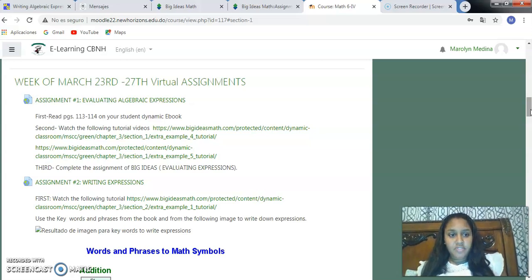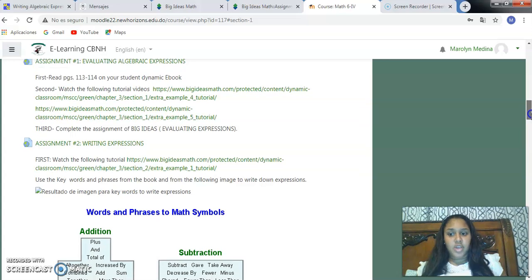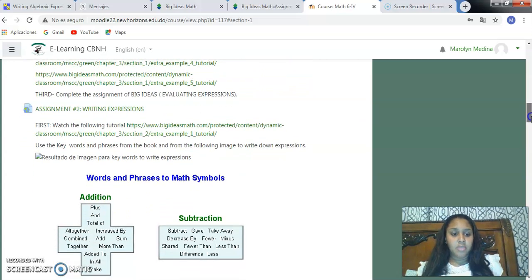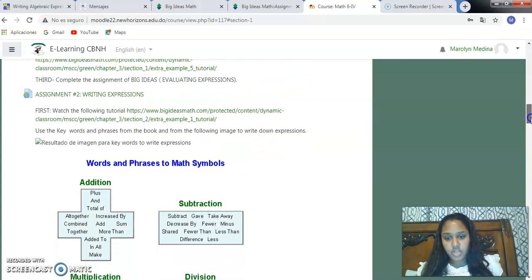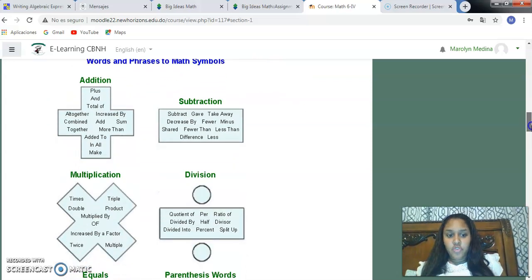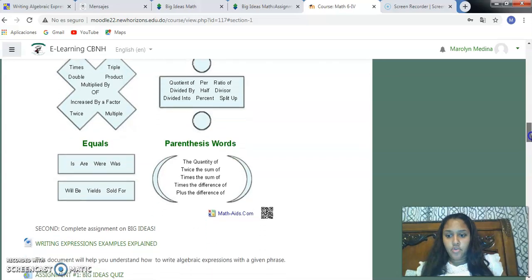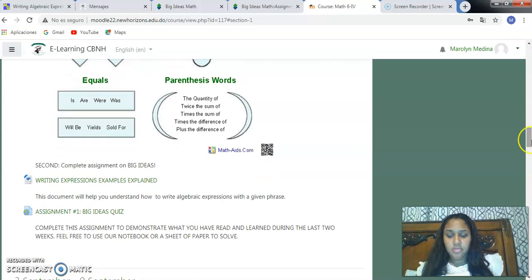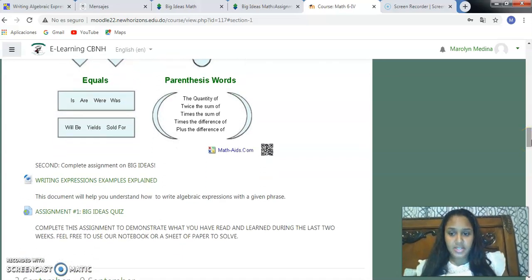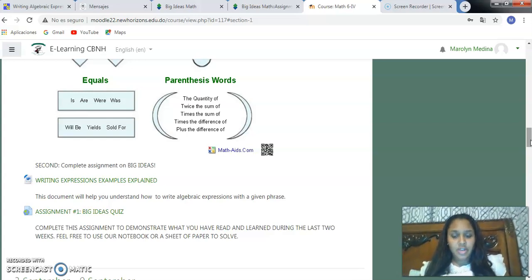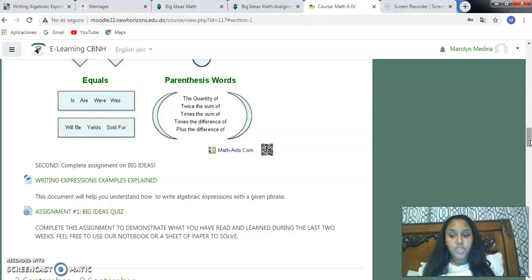Assignment number 2 is writing algebraic expressions, again in Big Ideas, after you do some reading and you go over these words. And then the third assignment is a small quiz on Big Ideas. It's not going to be considered as a quiz. It's more or less like a practice for me to know how you guys are doing.